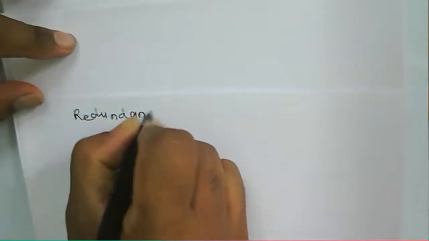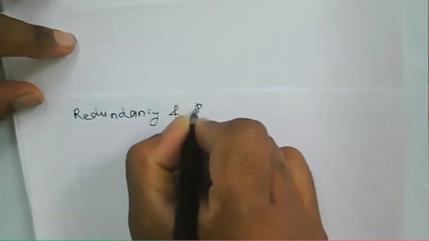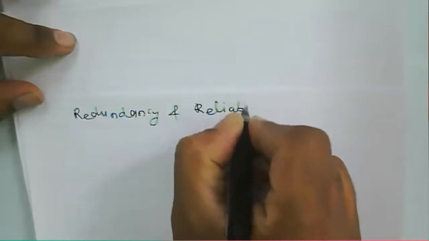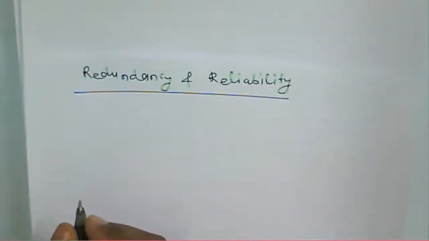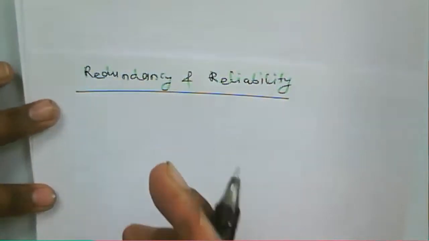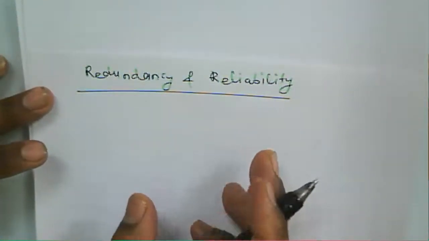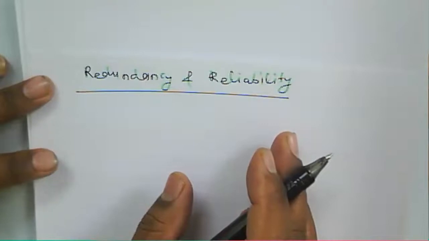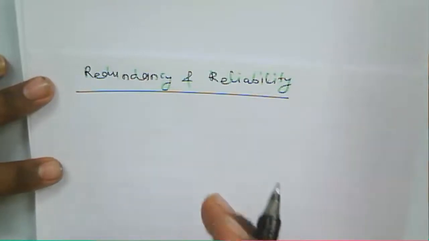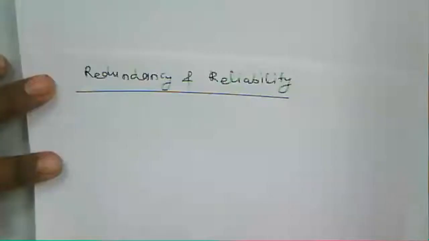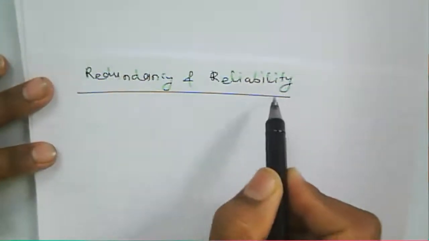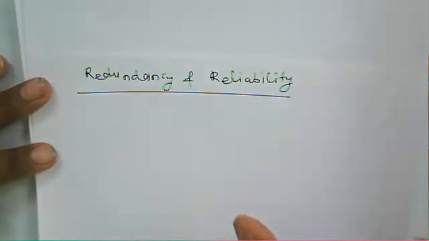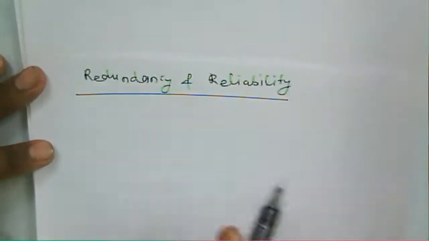Then another factor is redundancy and reliability. That is about the word reliability: how long that component can be used. It is supposed to be in a satellite there, so we could not replace any component there.